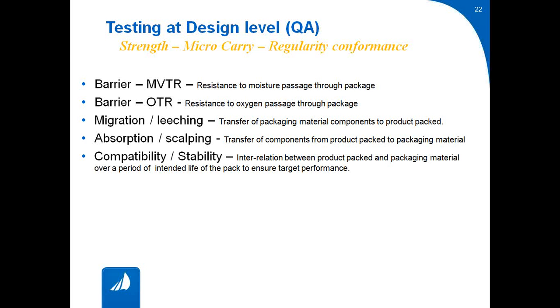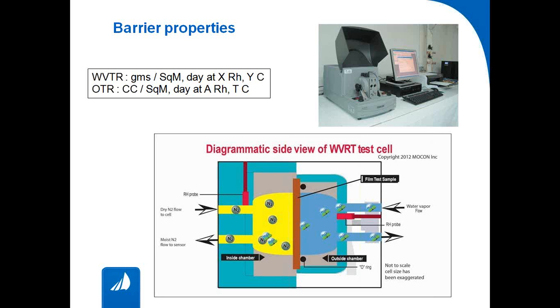Okay, so how do we test a barrier property? You can see the central brown layer, which is a test film. From one side, we allow a gas to come with moisture. We can control the RH, the relative humidity, of this, and from the other side, dry nitrogen comes in.